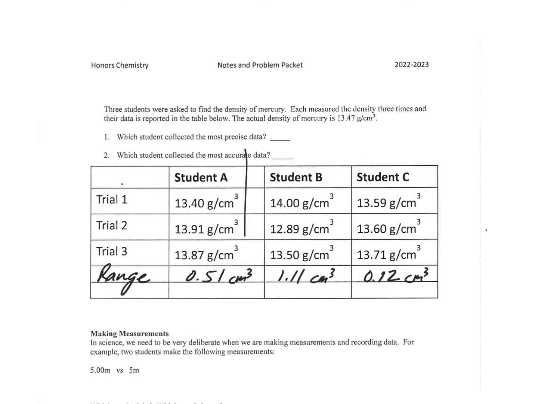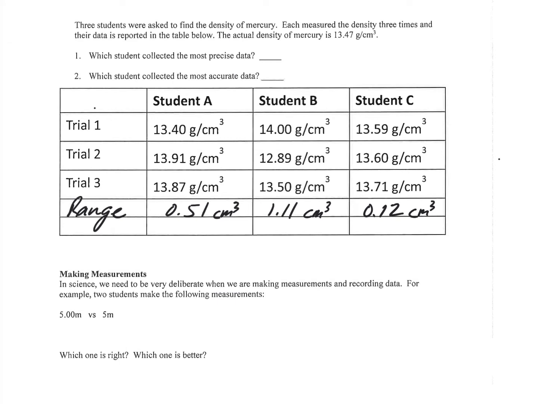All right, so I just calculated the ranges here. I found the ranges by taking the largest number in each data set and subtracting the smallest number. So for student A, the largest number was 13.87, and then subtracting the smallest number, which was 13.40. Subtracting, I get 0.51 cubic centimeters.